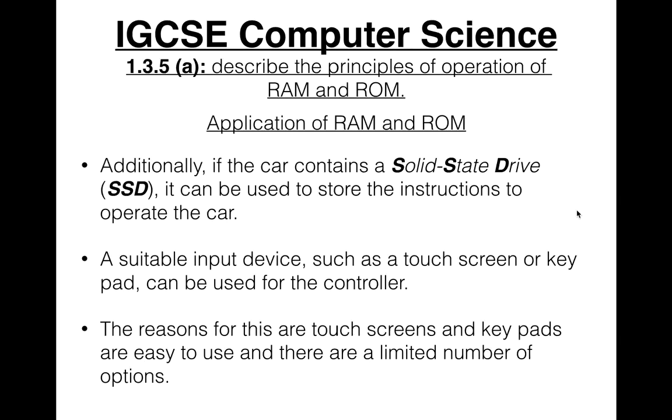So a touchscreen would be suitable because there aren't that many buttons, maybe 5 or 6, whereas a keyboard has quite a bit. So it's suitable to use a touchscreen or keypad. Also they're easier to use because with a touchscreen you're seeing a button that says move forward, or an arrow or something like that. It's simple to use. So that's pretty much it.